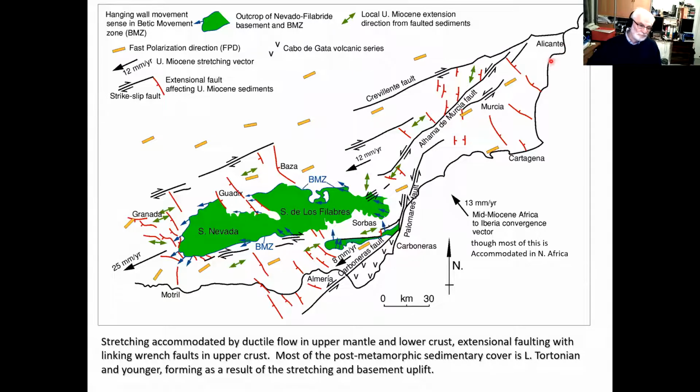And you couple that with the existence of these extensional faults, these normal faults, which are accommodating the boundaries together with some linking wrench faults of Miocene sedimentary basins, and you have a compelling picture of lithospheric stretching developing.